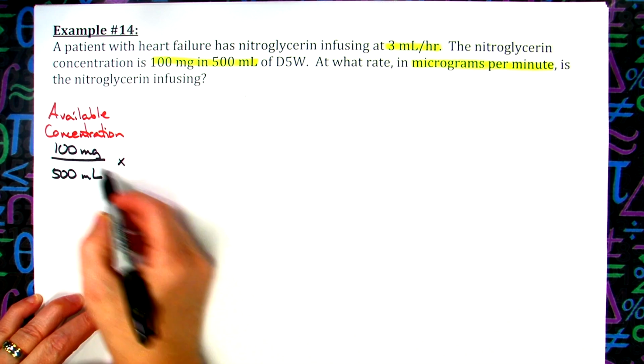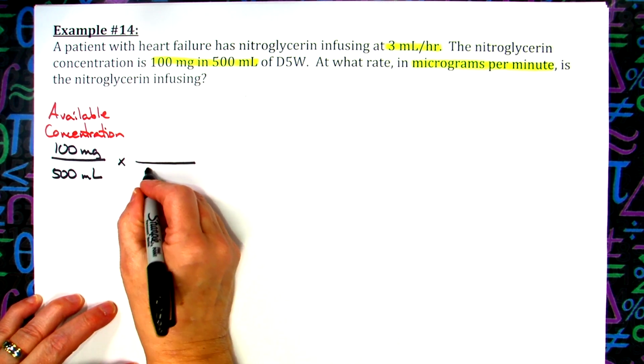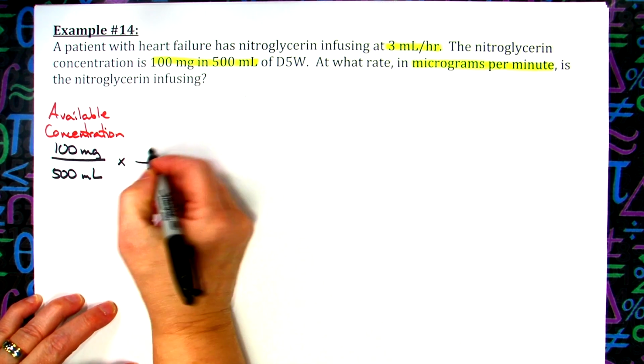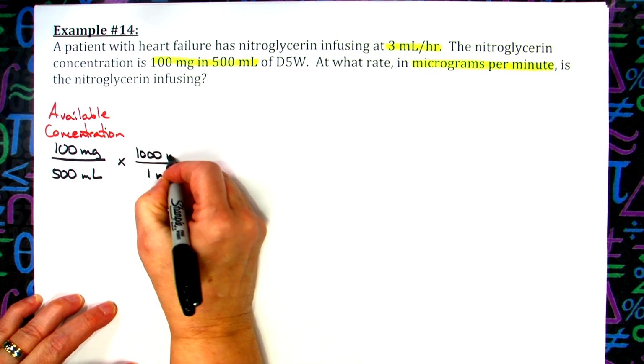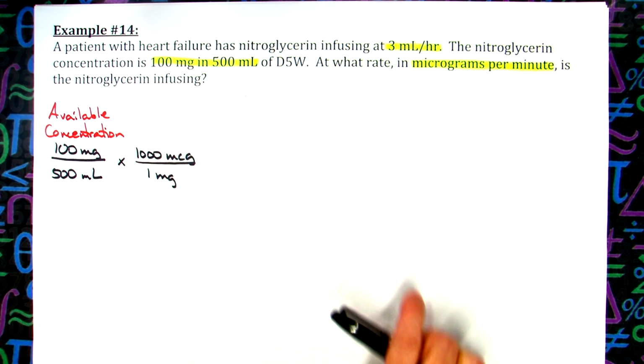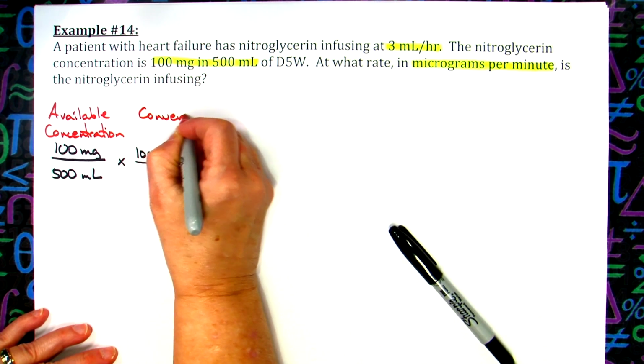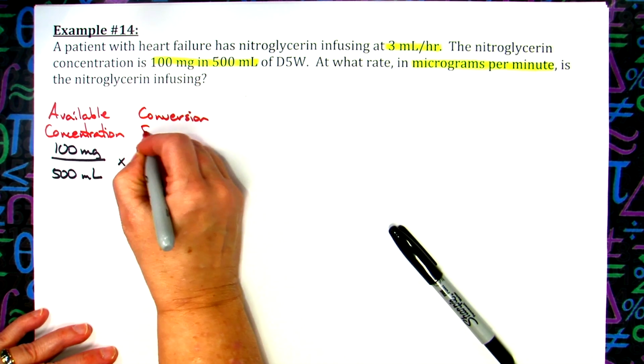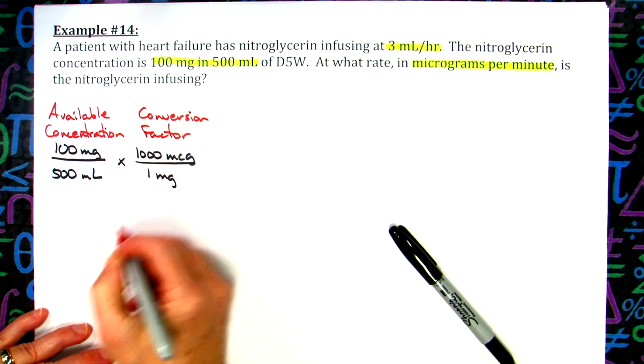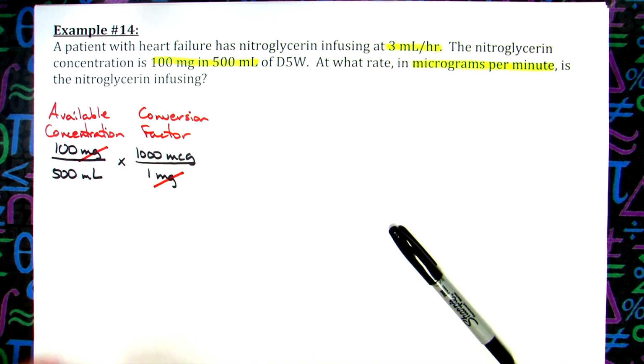My milligrams need to cross off, so I'm going to put that 1 milligram in the bottom and the 1,000 micrograms in the top. That's a conversion factor, one that you have to have memorized. That's going to allow me to cross off milligrams and milligrams.